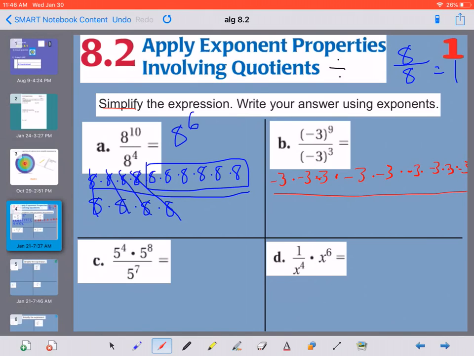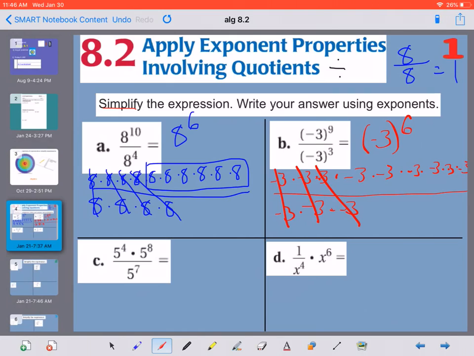And on the bottom I have 3 negative 3's. So I can just cross these out. 1, 2, 3. What I'm left with is 1, 2, 3, 4, 5, 6 negative 3's. So my solution is negative 3 to the 6th power.